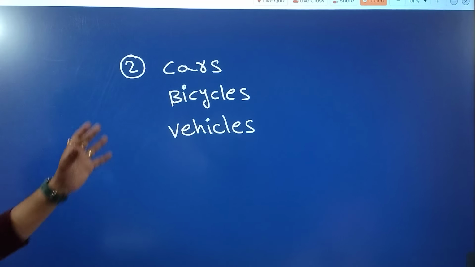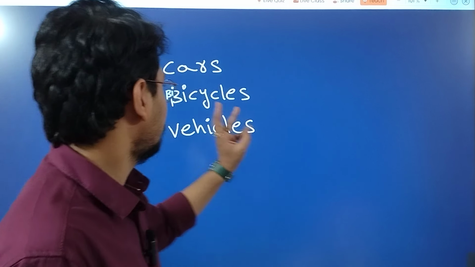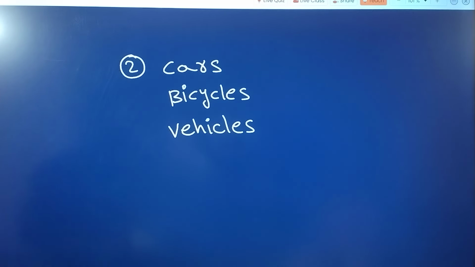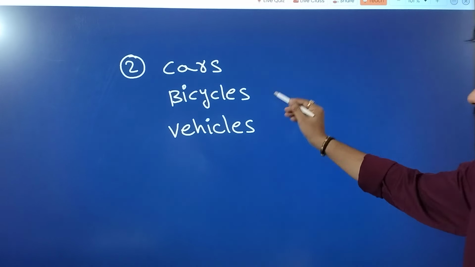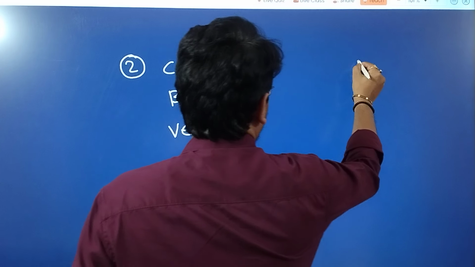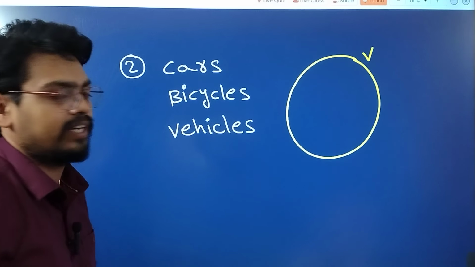Now, see here. Cars, bicycles and vehicles. Is there any relationship among these three? Again, all cars come under vehicles. All bicycles also come under vehicles. That means the outer circle is vehicles.